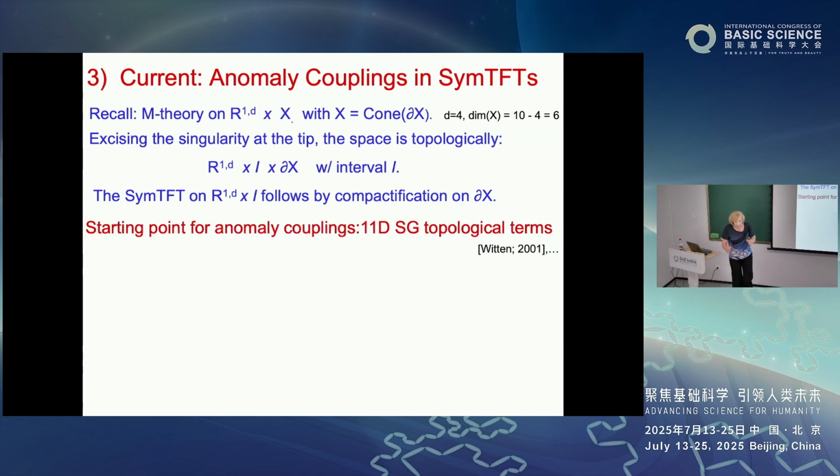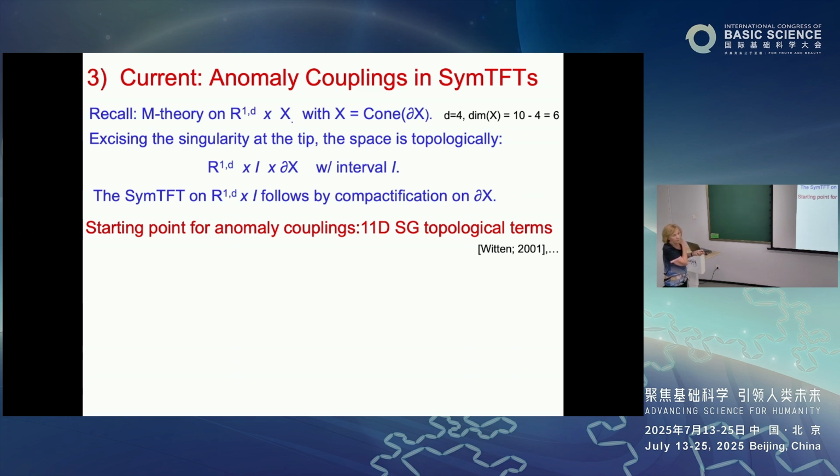And so I want to get now particular terms in the SymTFT, okay, whose anomaly coefficients I want to calculate. Okay? So the starting point is the whole theory is in 11 dimensions.